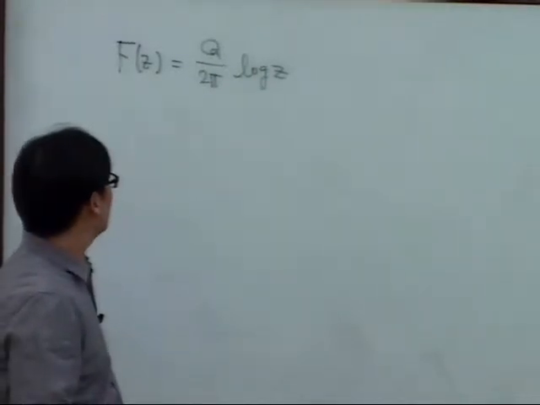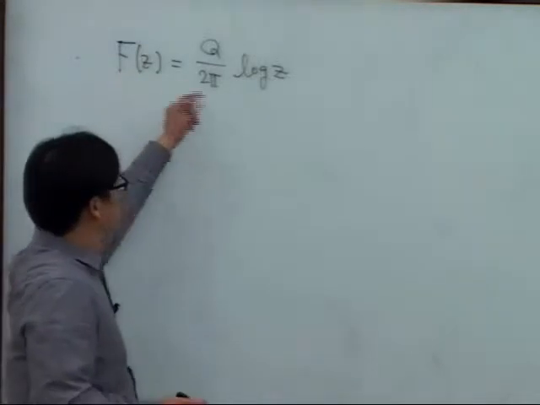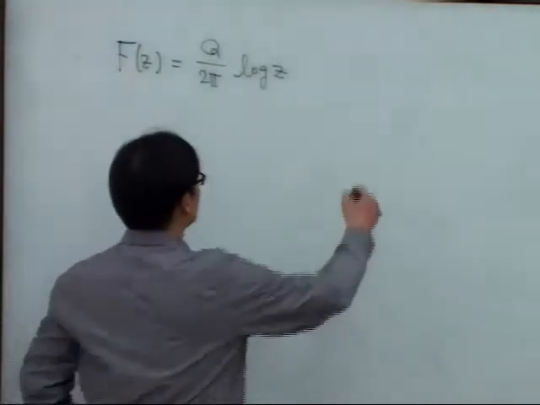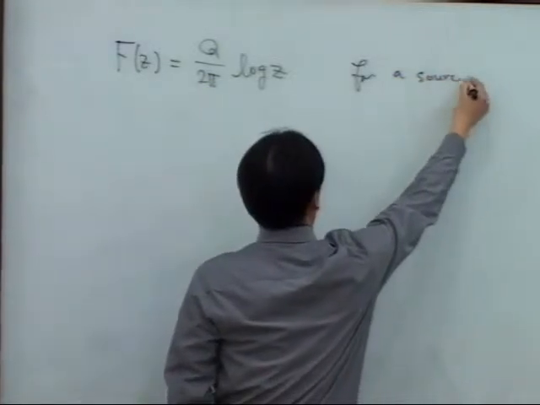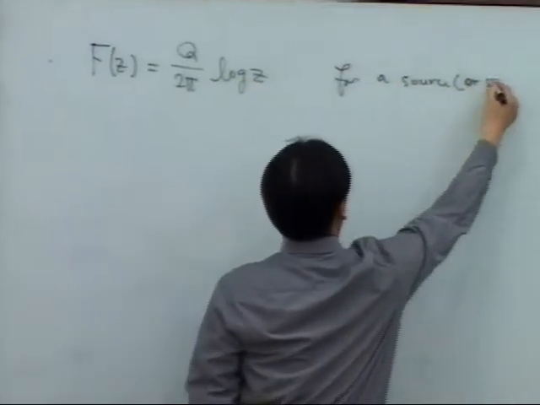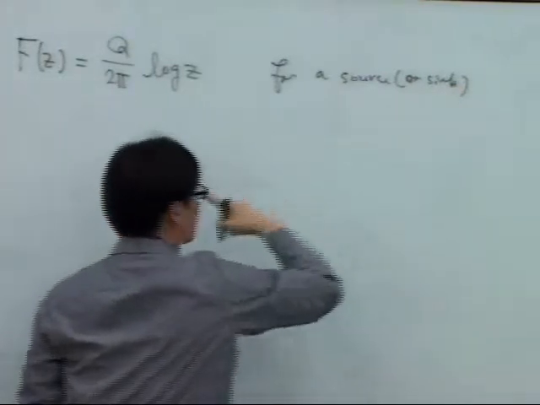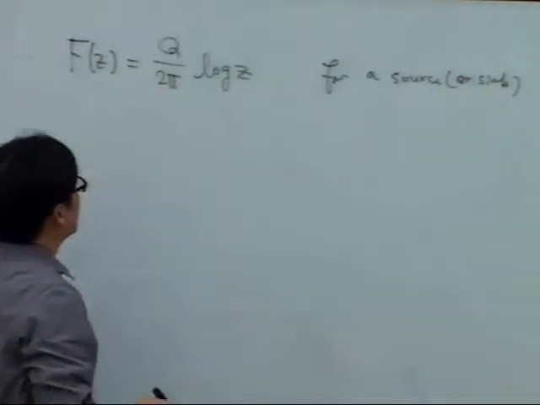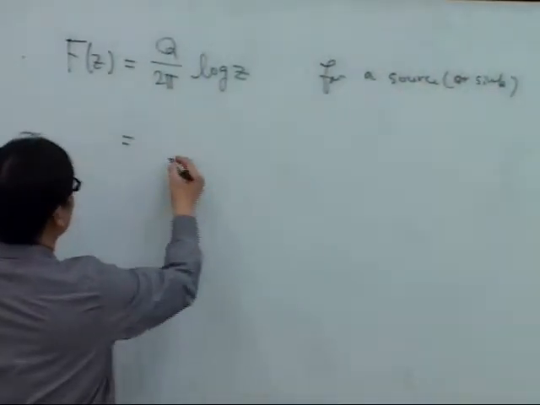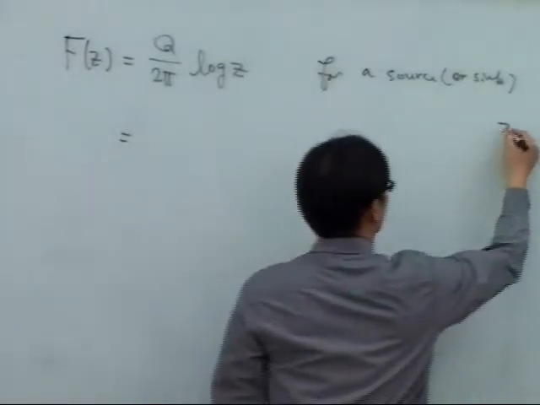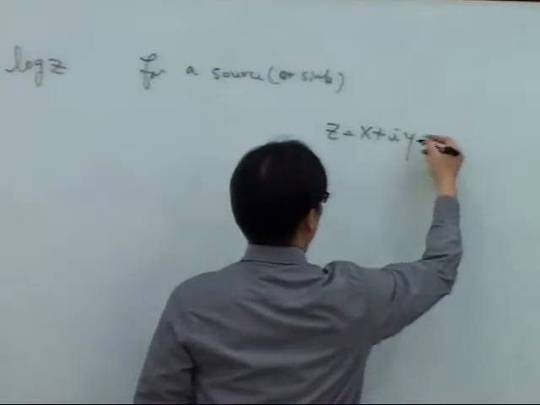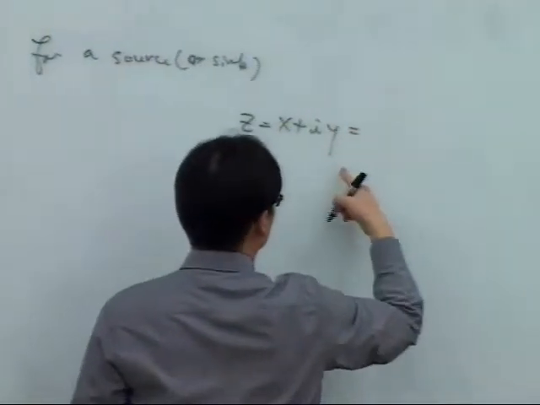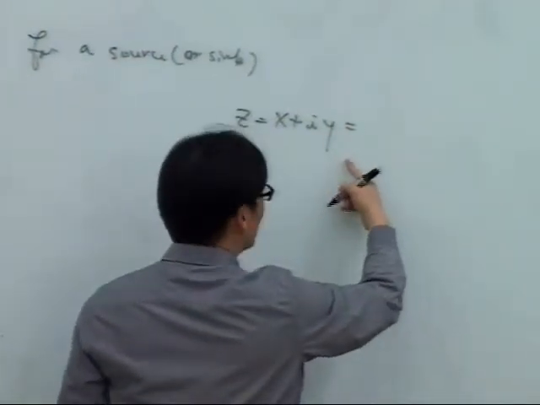Okay, now we have a complex potential for a source, or sink, depending on the sign of Q. And this time, z is x plus iy, and I can represent the coordinate by using polar coordinates.